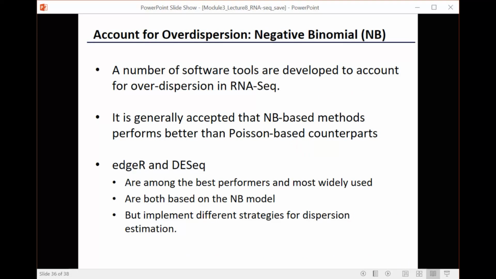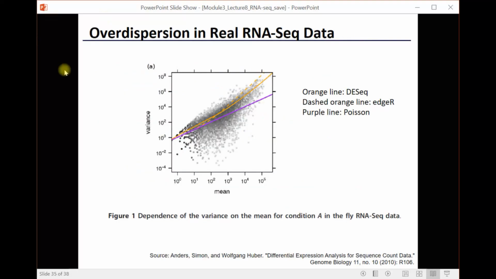So a number of software tools have been developed to account for the overdispersion in RNA-seq. Overdispersion means that for the Poisson distribution, the mean and the variance are the same, but for actual data, the variance is higher compared to the mean.